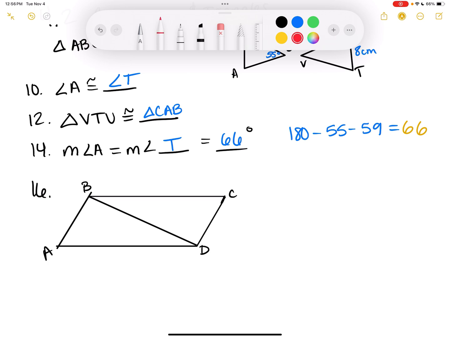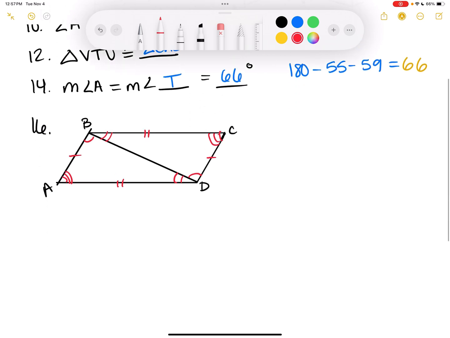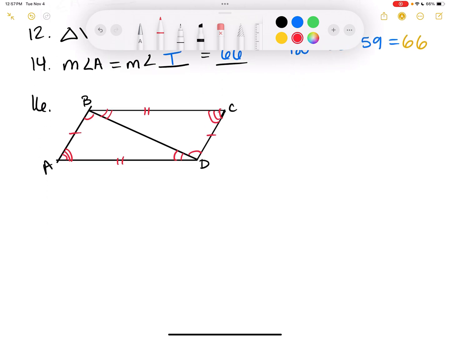All right, and then these markings that I'm putting on here are the markings that would have been given to you in the book. All right, so this is what it would look like.